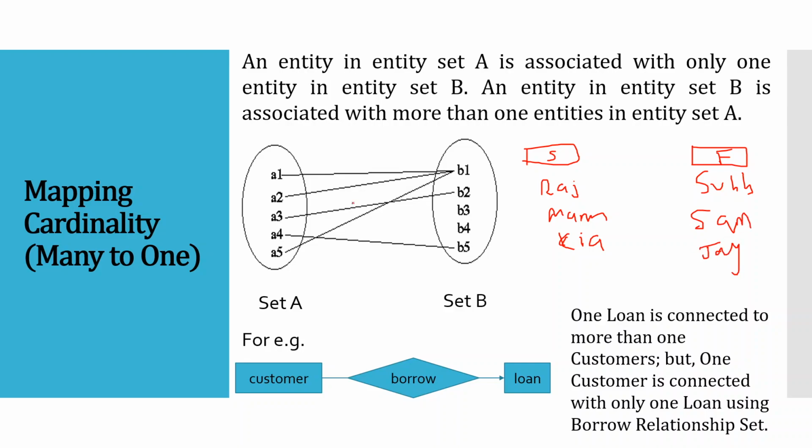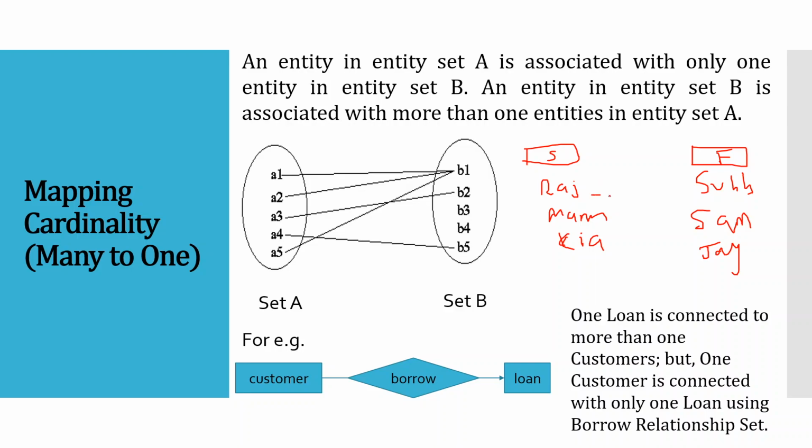So now, what does this many to one mapping cardinality mean? Many entities of one set connected to one and only one entity of the other set. So what does this mean? Many students are connected to one and only one faculty.